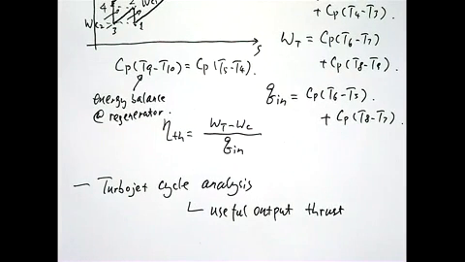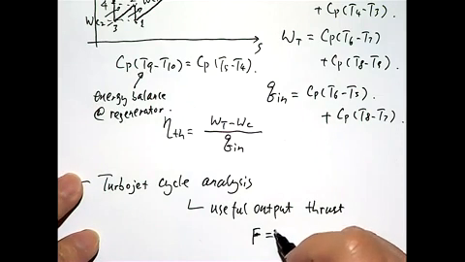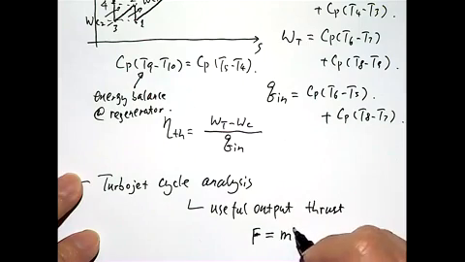So thrust is a force. If you want to calculate the thrust, it is basically the unbalanced force applied to the aircraft to push it to go. So the force can be calculated as m dot delta v.